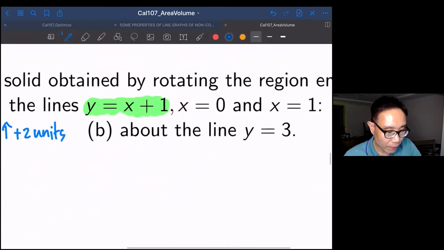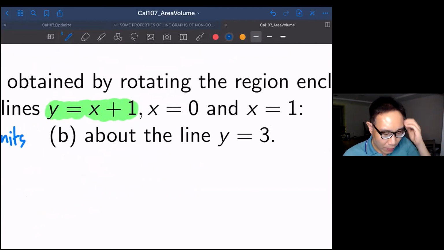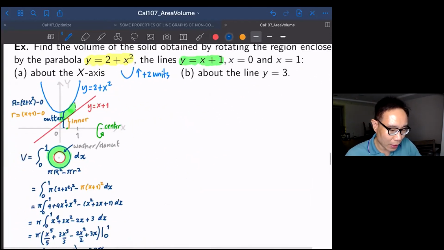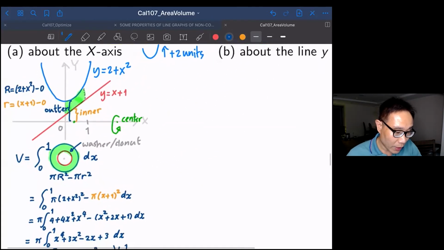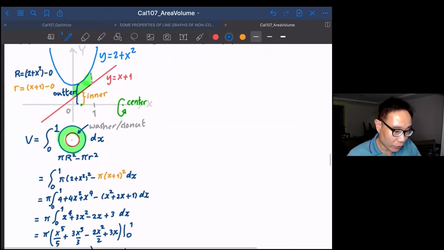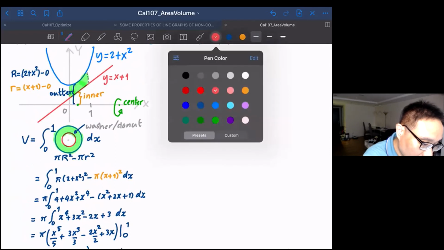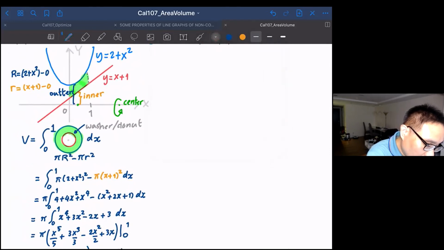For B, you are rotating about the line y equal to 3. Okay, so you are rotating this guy about the line y equal to 3. Let's first write down the solution for y equal to negative 1 that we mentioned before.